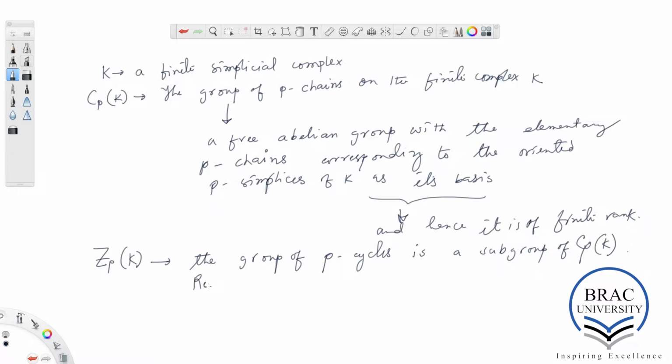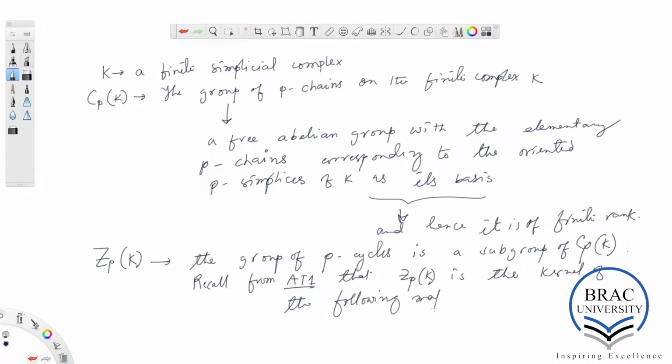Recall from the course of Algebraic Topology 1 that Zp of K is the kernel of the following map, which we call the boundary operator, del p from Cp of K to Cp minus 1 of K.